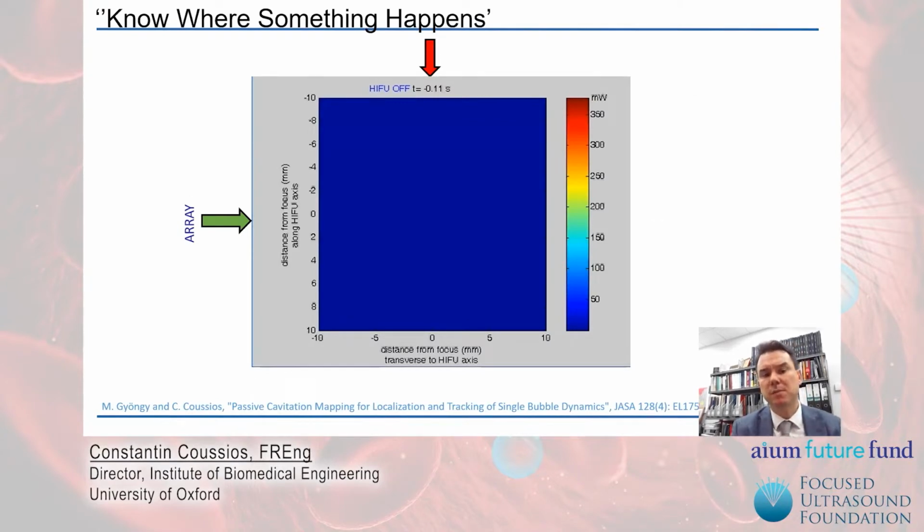So for the first time with passive acoustic mapping, we're now able to know not when something happens, but where something happens, as illustrated here in an early 2010 video, where three very different sources of acoustic emissions occurring simultaneously within an ultrasound field can be imaged, as can the revolution.